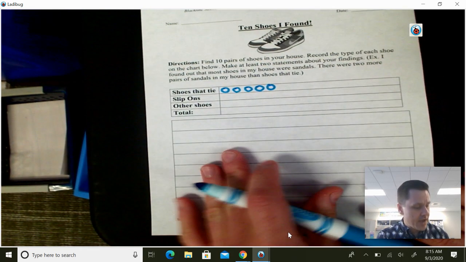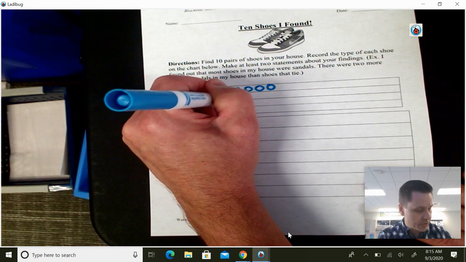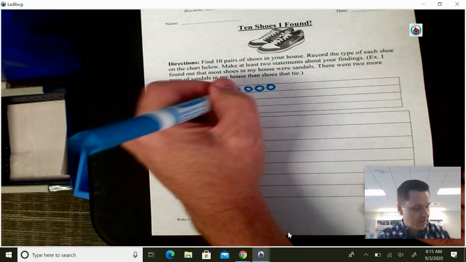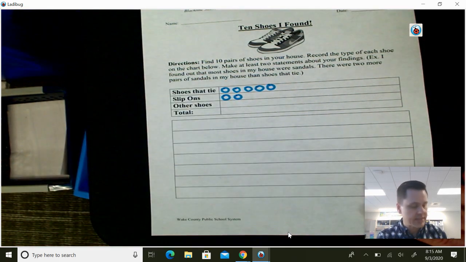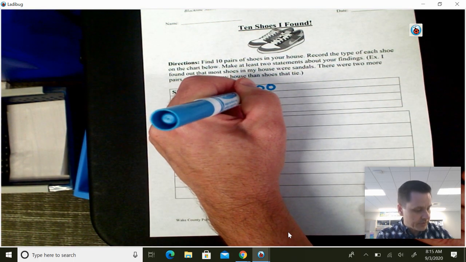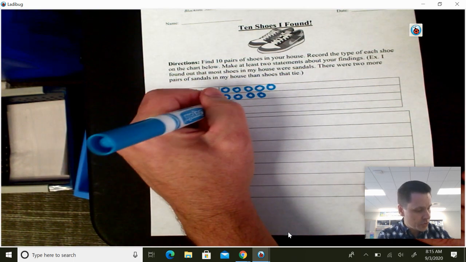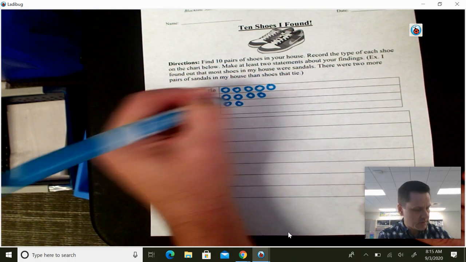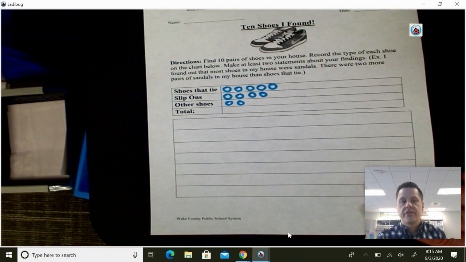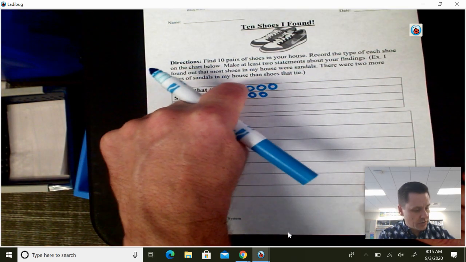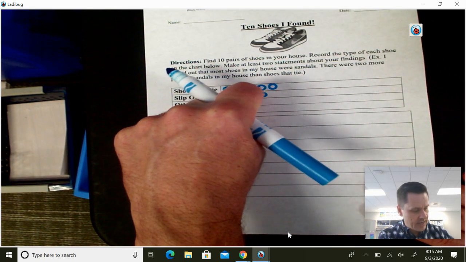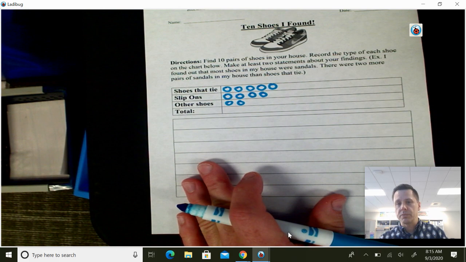And then I looked around the house and I have some summer shoes that slide on, and I have another pair of summer shoes that slide on, and I have a pair of loafers, and then I have one other pair of loafers. And I have two pairs of flip-flops. So let's see. 1, 2, 3, 4, 5, 6, 7, 8, 9, 10, 11. Oh, I have a little bit more than 10.